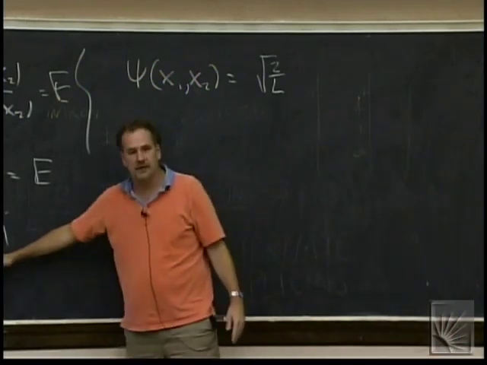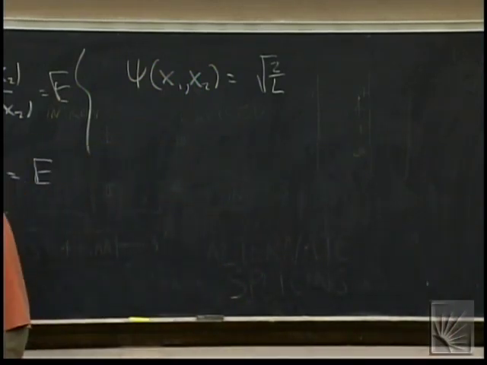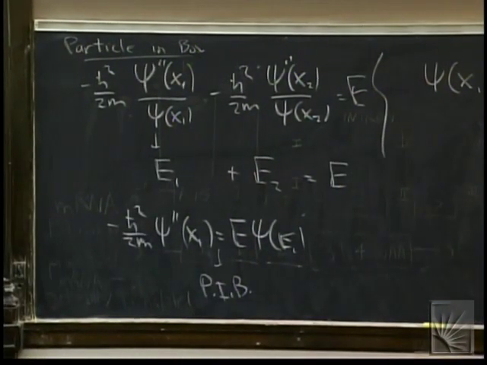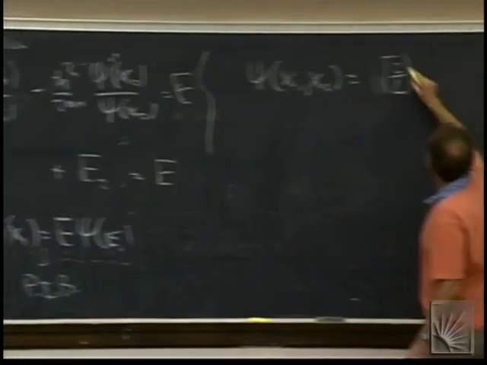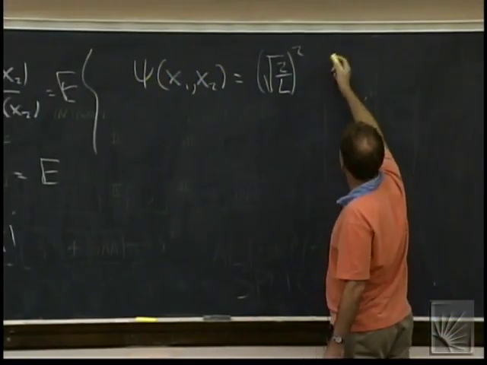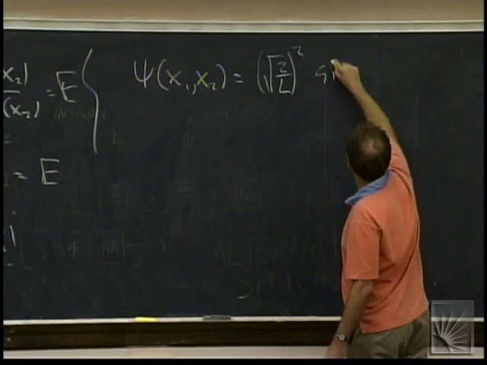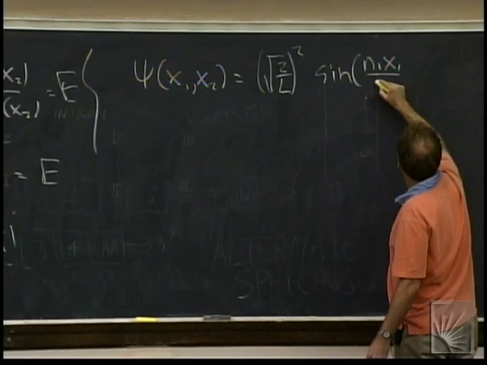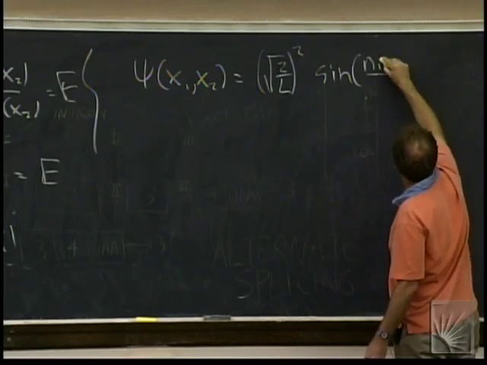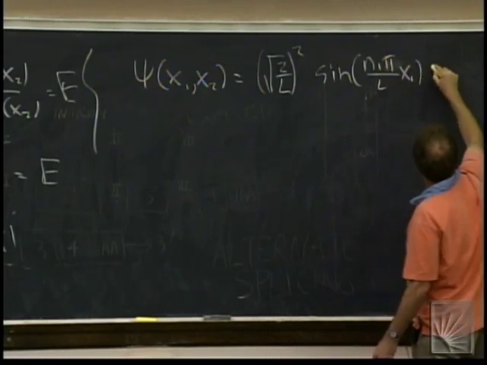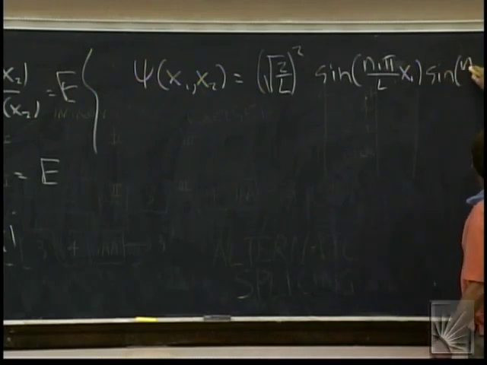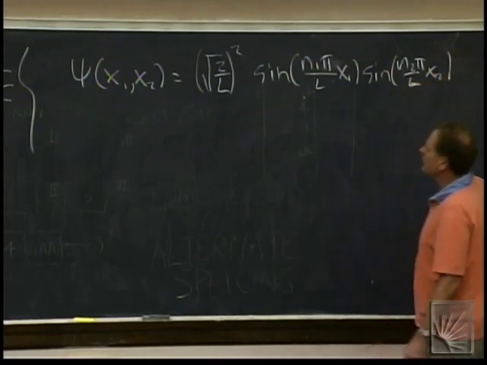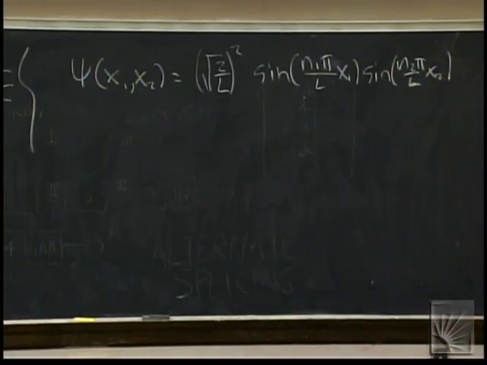We know what the solutions to these are, right? This is just, again, the particle in a box. And those are root 2 over L. I'm multiplying the two of them, so I'll square that. Sine n1 pi over L x1, and so on. That's all it is.